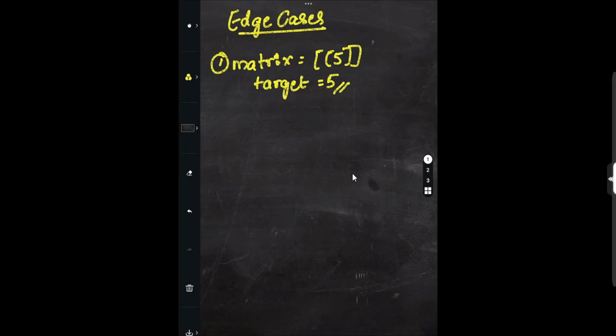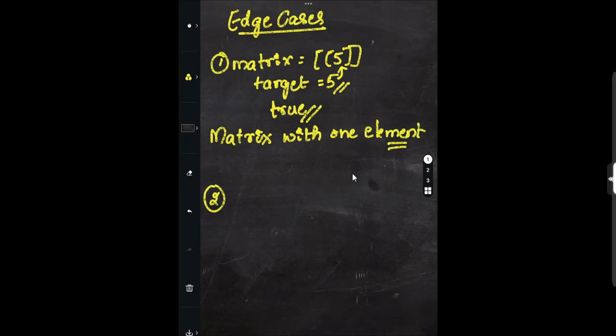So a single element matrix should return true if the target matches the element, and the target is matching the element. So the output will be true here. This is for the condition matrix with one element.